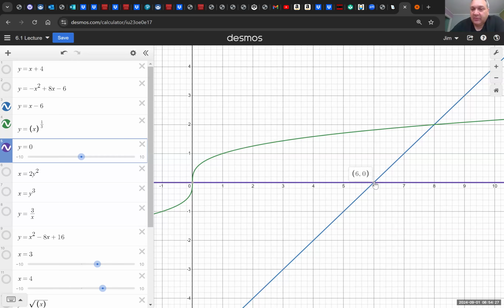All right, so let me sketch that real quickly on my notes so that you can see that I'm using a picture as part of my solution process. Remember, you want to document your process. 0, 0, 6, 0, and 8, 2.